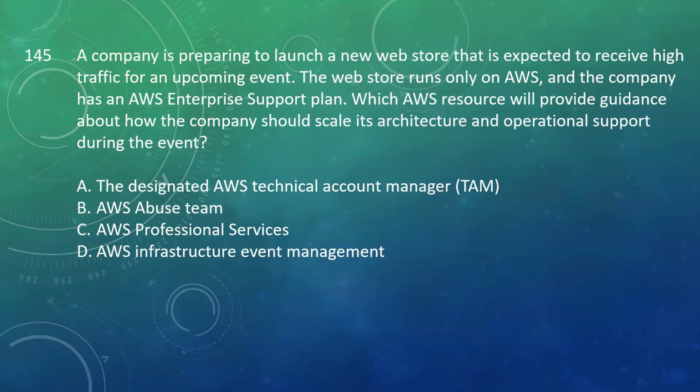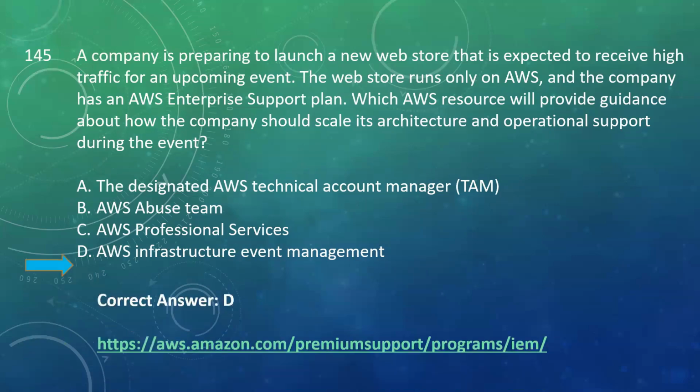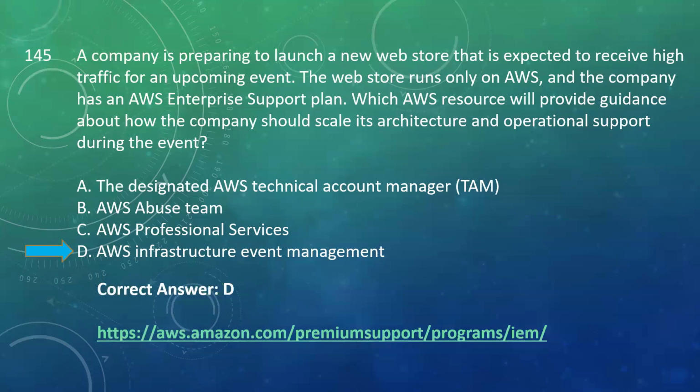Your options are the designated AWS technical account manager, also called TAM, AWS abuse team, AWS professional services, AWS infrastructure event management. The correct answer here is option D, AWS infrastructure event management, also called IEM.